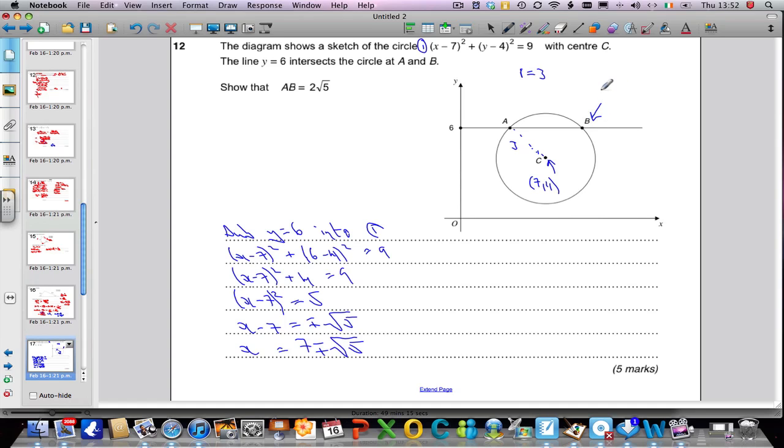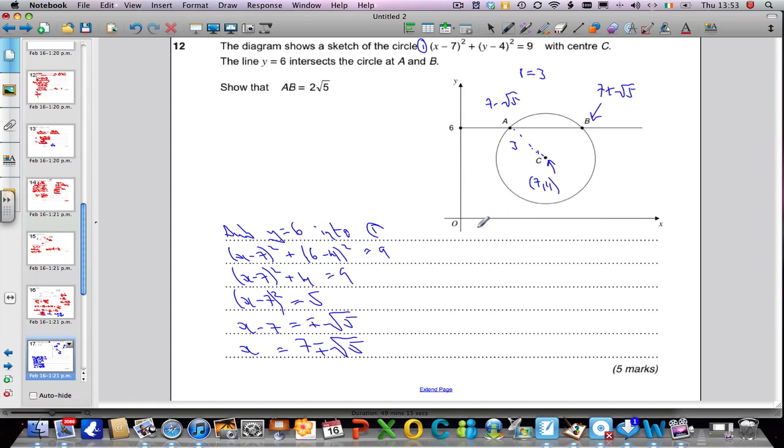So this one would have to be 7 plus root 5. Why? Because it's going to be bigger than 7 minus root 5, because that is closer to the origin than that. So that's 7 plus root 5, that's 7 minus root 5.